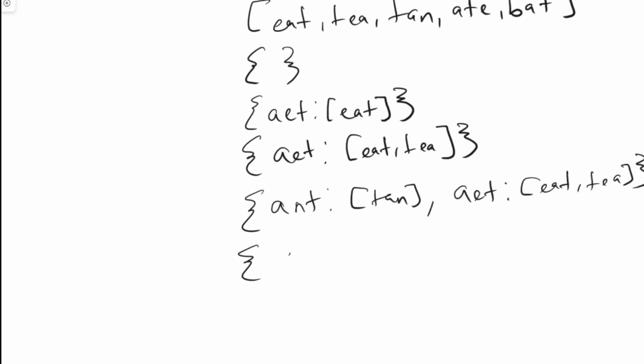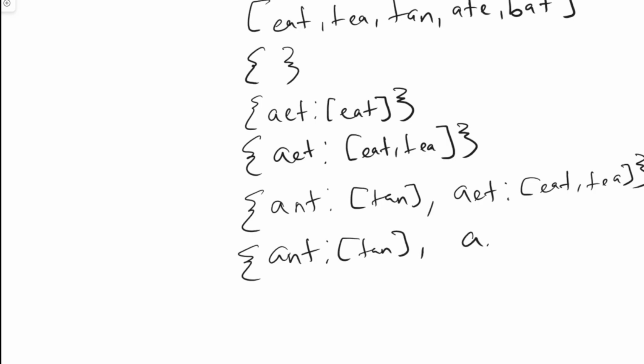So AET is already within the dictionary because we have it right here. So what we do is we take AET and we add ATE, or 8, to this list. So then we'll have this and 10.